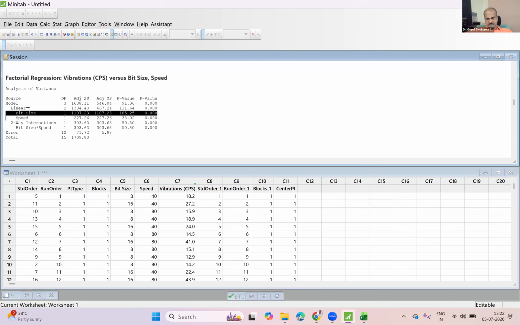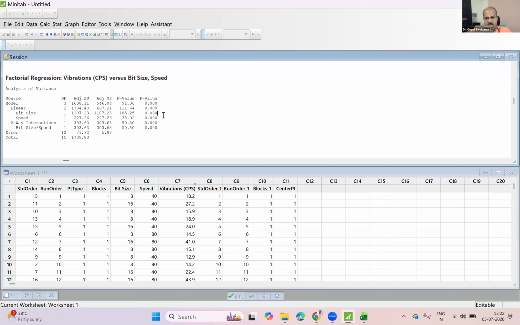Bit size is significant to vibration or not? Come on, all of you, please respond. P-value for bit size is 0. 0 means less than 0.05. So the bit size is significant or not?